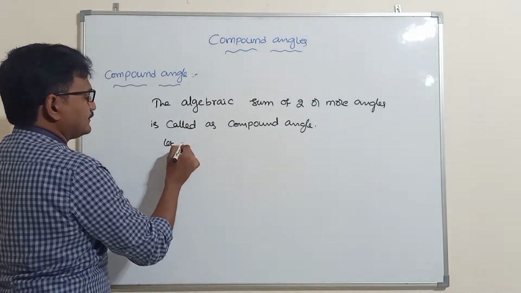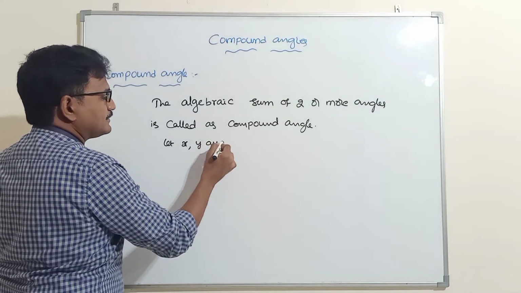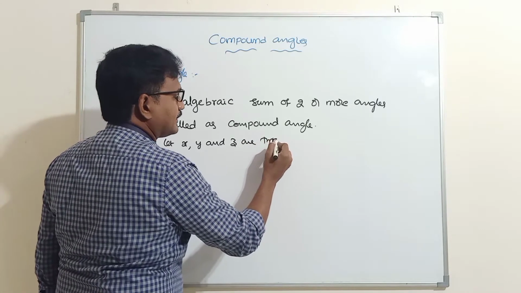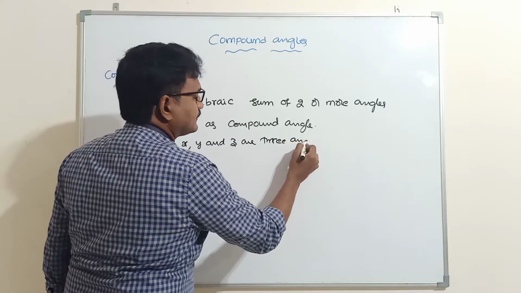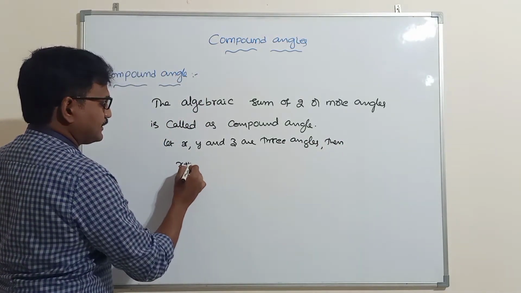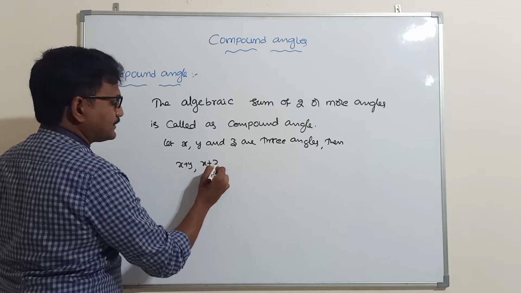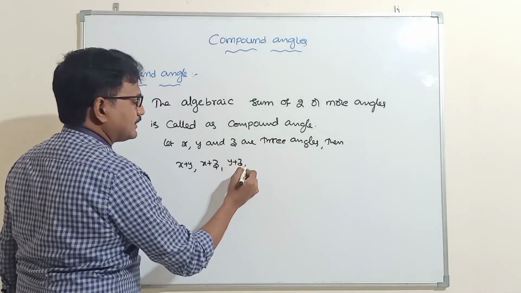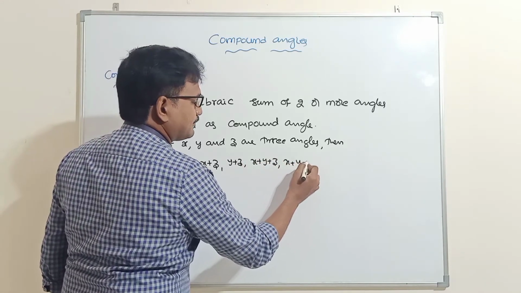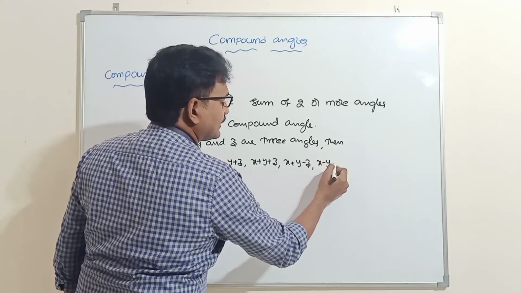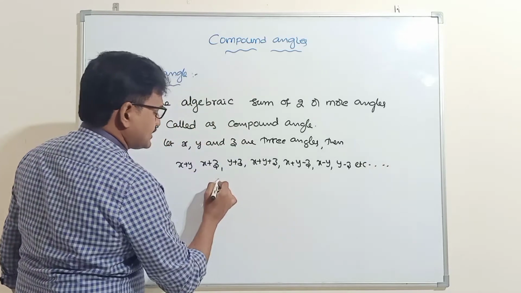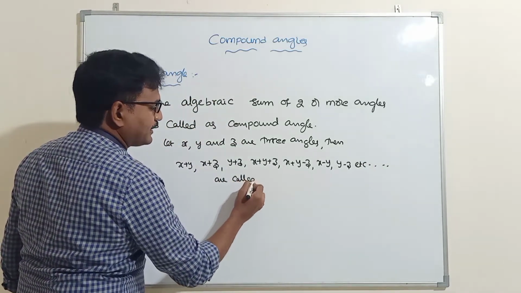Let x, y and z be three angles, then x plus y, x plus z, y plus z, x plus y plus z, x plus y minus z, x minus y, y minus z, etc. are called compound angles.